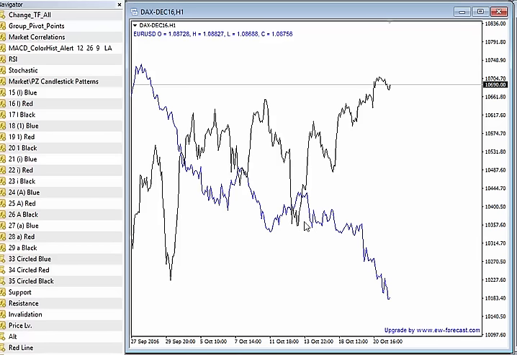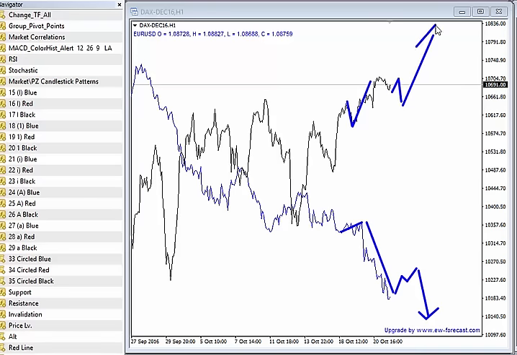When euro dollar made this consolidation, at the same time German DAX made a consolidation to the downside. Then German DAX moved to the upside, and again euro dollar broke to the downside. Then another consolidation down on German DAX, sideways on euro dollar, and then you can see a strong rally up on German DAX, while euro dollar is making a strong leg to the downside. So if I'm expecting more weakness on euro, then definitely German DAX should stay bullish.